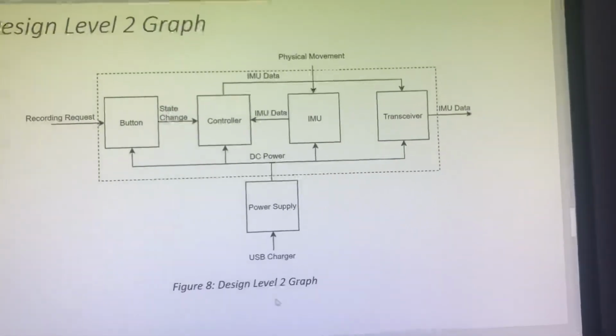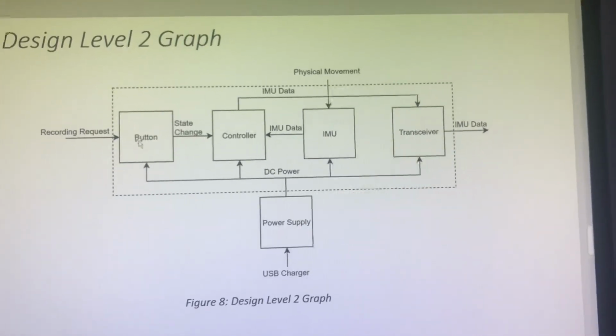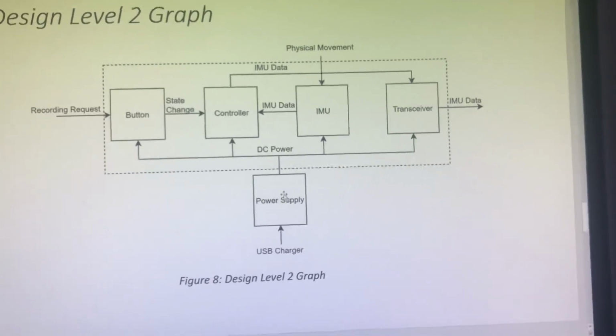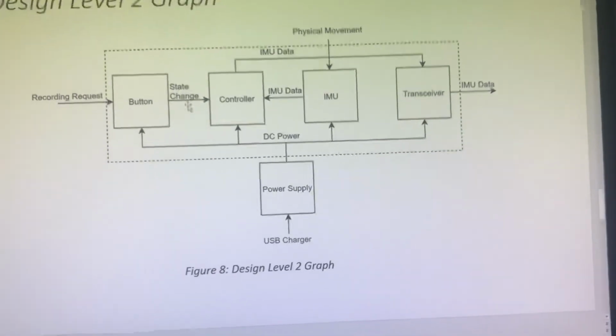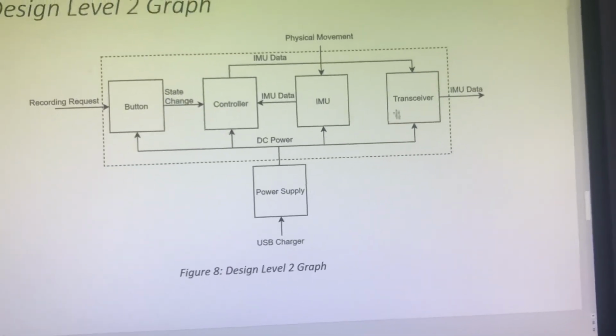Here is the level 2 graph. Recording request: we have a button here, we have a USB charger here and the battery. State change, the controller.